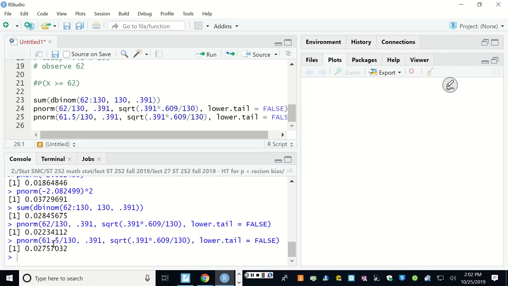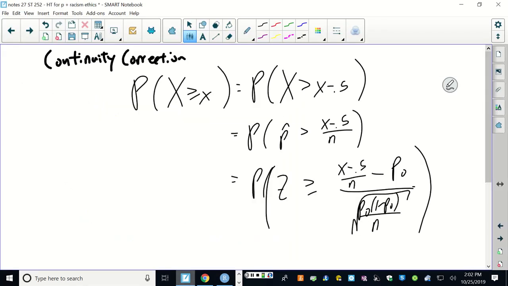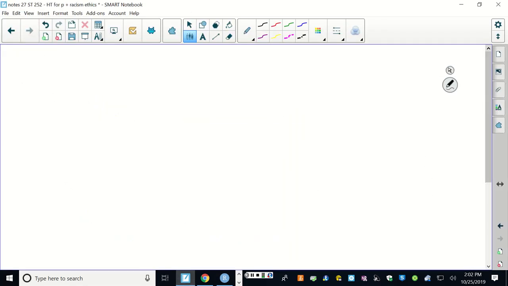But any questions on those? One thing, I'll get a next homework posted shortly. The book also touches on matched pairs for proportions.